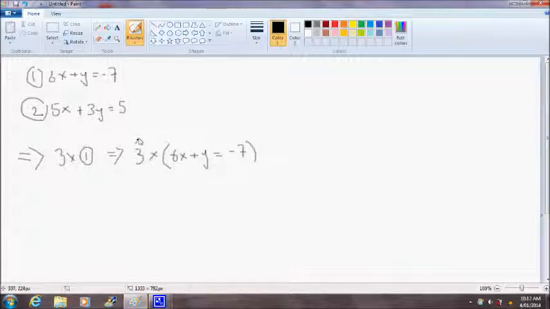So multiplying the 3 through, we'll end up with 18x plus 3y equals negative 21. Okay, and I'm going to call this equation 3.